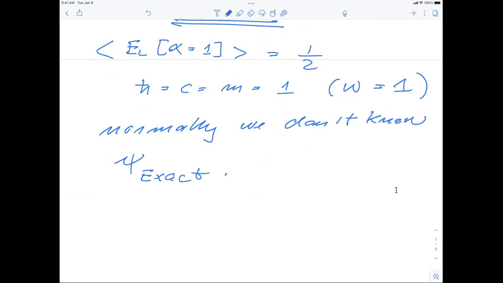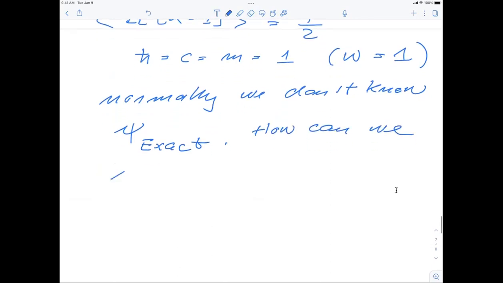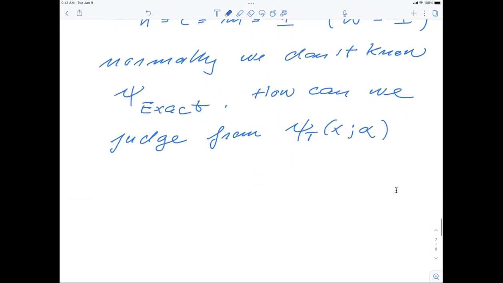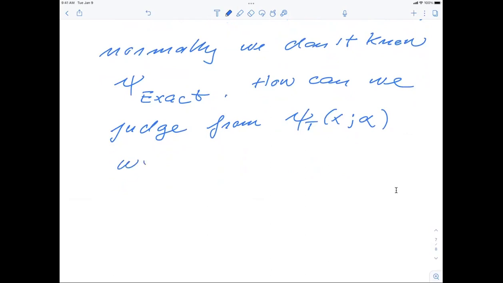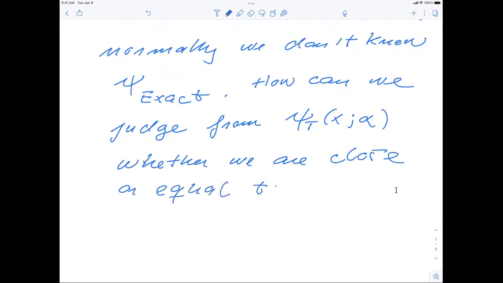And then the question is, how can we judge from this trial wave function, from psi of t as a function of these parameters alpha, in this specific case where we're just looking at the first step with one particle in one dimension, whether we are close or equal to the exact wave function?